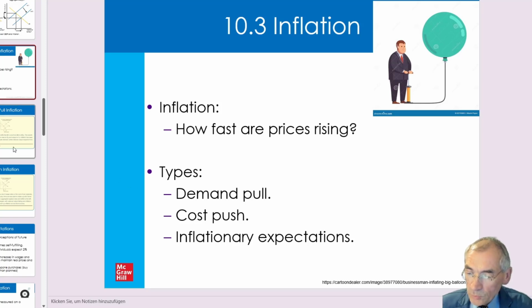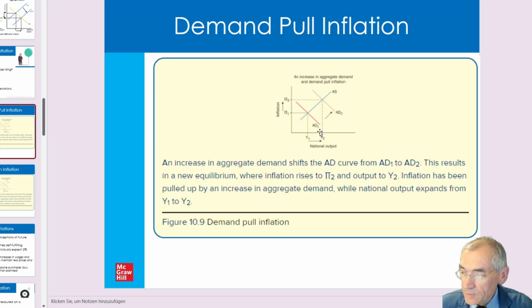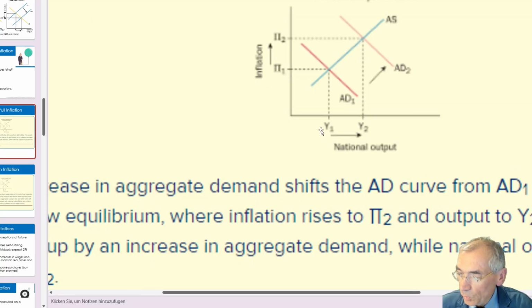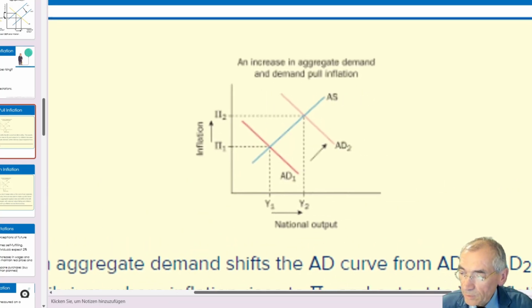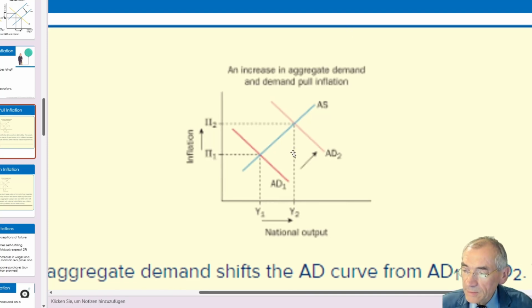Demand pull and cost push are relations that go in the direction of our microeconomic analyses, the graphs that we just looked at. If there is an increase in demand, there are more people coming into the country, or the government is increasing aggregate demand by spending more, that will, according to the AD-AS, aggregate demand, aggregate supply diagram, lead to inflation.